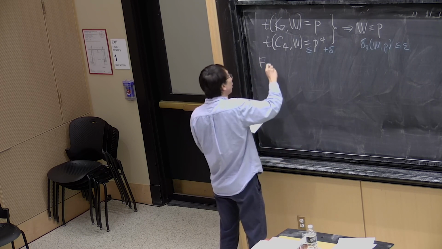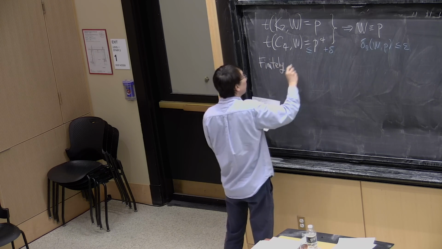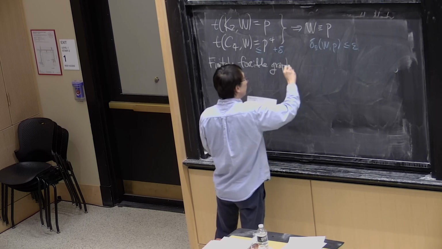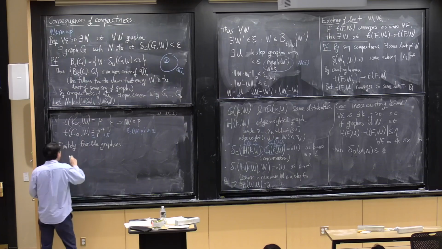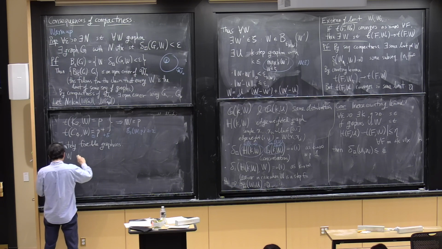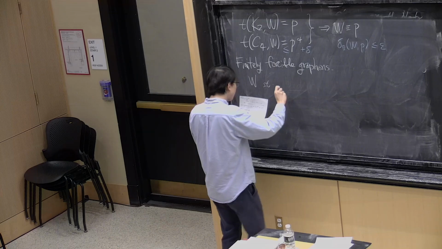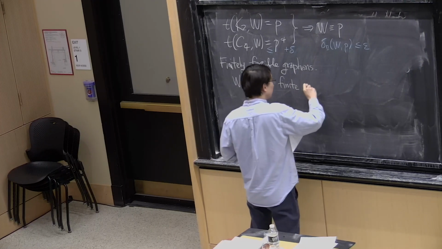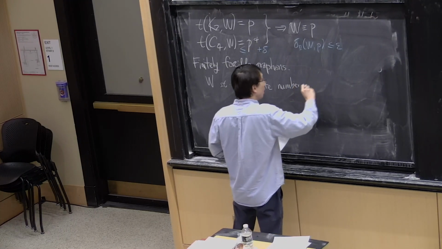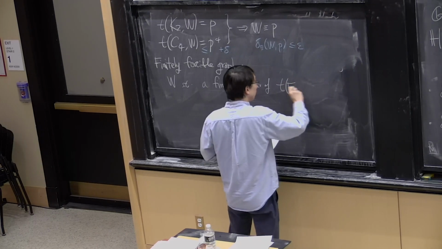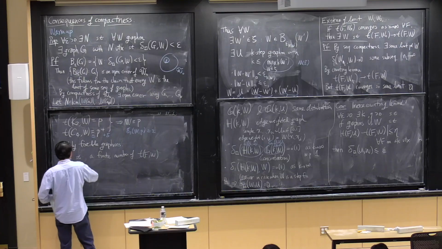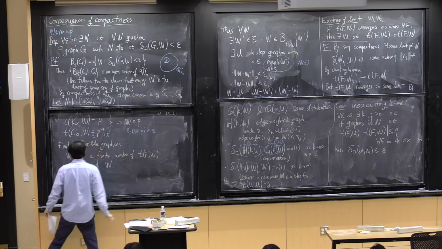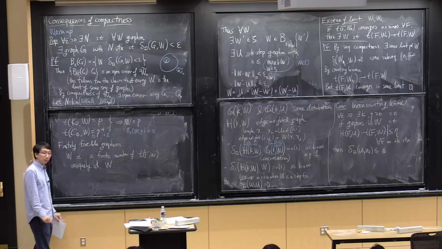Such graphons are known as finitely forcible. Finitely forcible graphons W are such that a finite number of moments can uniquely identify this graphon W.